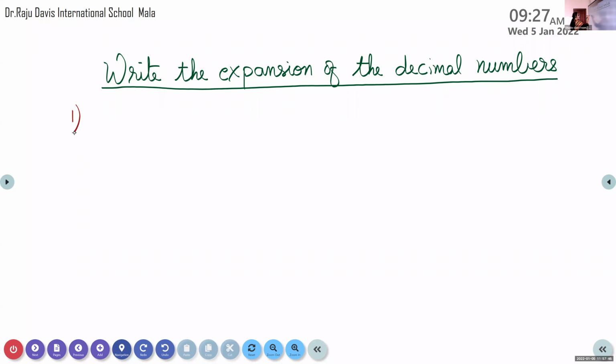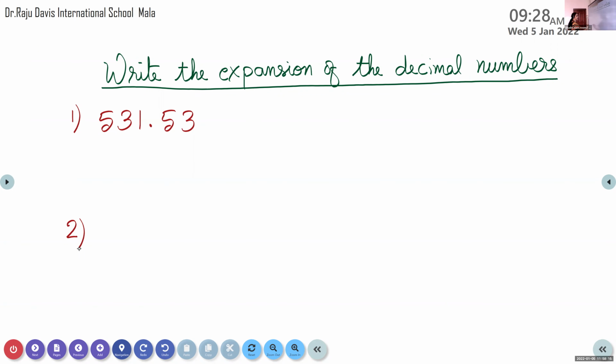First one, 531.53. You cannot see the board, right? The first number is 531.53.